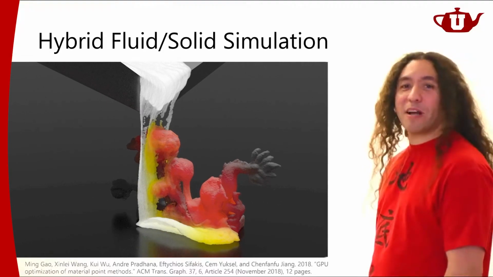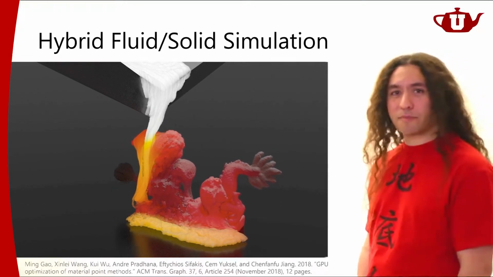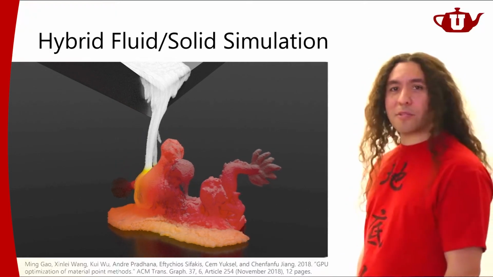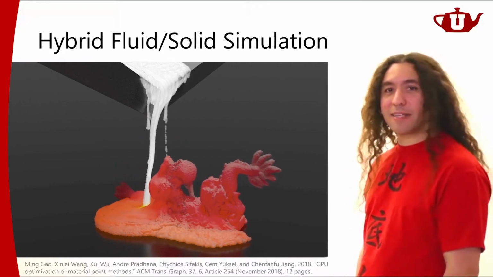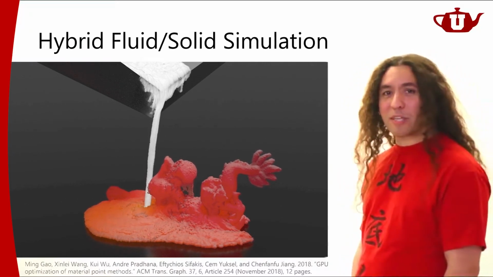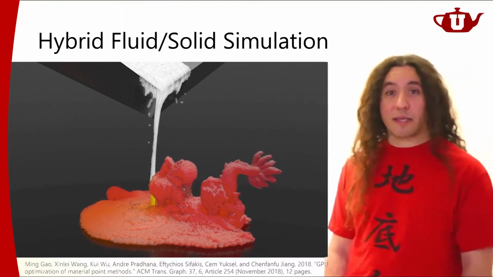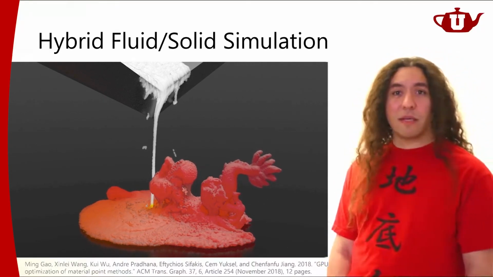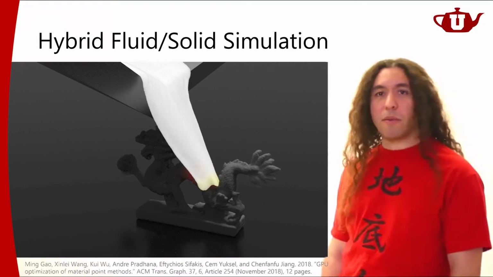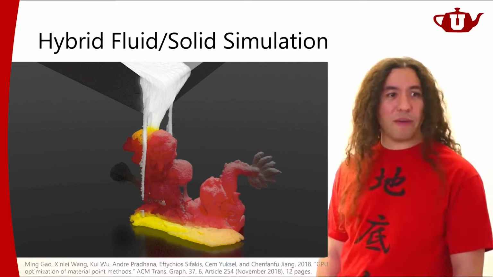In this case, we have a solid, deformable object simulated using a hybrid simulation model. And the lava that's melting this object is also implemented using the same simulation model, more specifically the material point method. This simulation was also computed on the GPU, but not real time or interactive, though relatively fast.